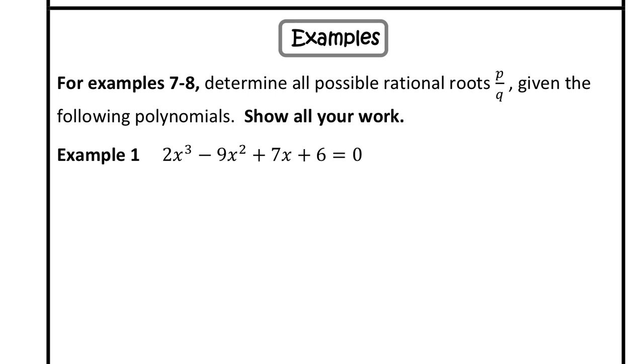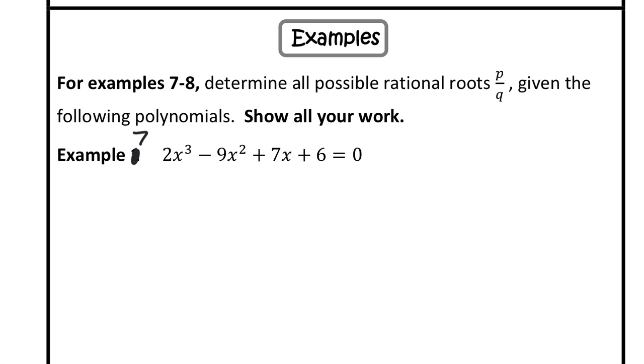So there's a typo here, if you haven't noticed. It should say example 7. It says 1, I think. You can cross it out and put 7. For examples 7 and 8, determine all possible rational roots, p over q, given the following polynomials. Show all your work.